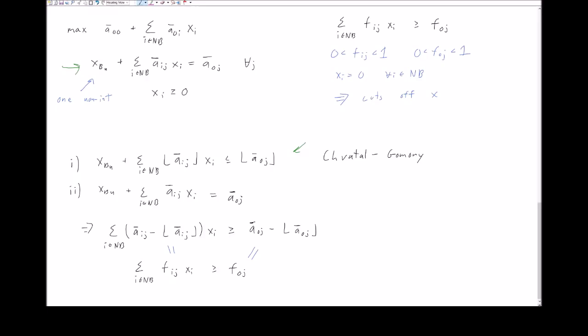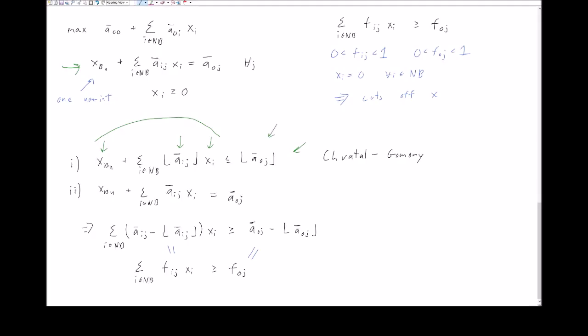We can again remind ourselves of exactly how this constraint is created. We have a variable x that's an integer variable. We have a bunch of non-basic variables x that are also integer variables. We've taken the floor of some constants, which forces this entire side to be an integer. And so we take a floor of the other side.